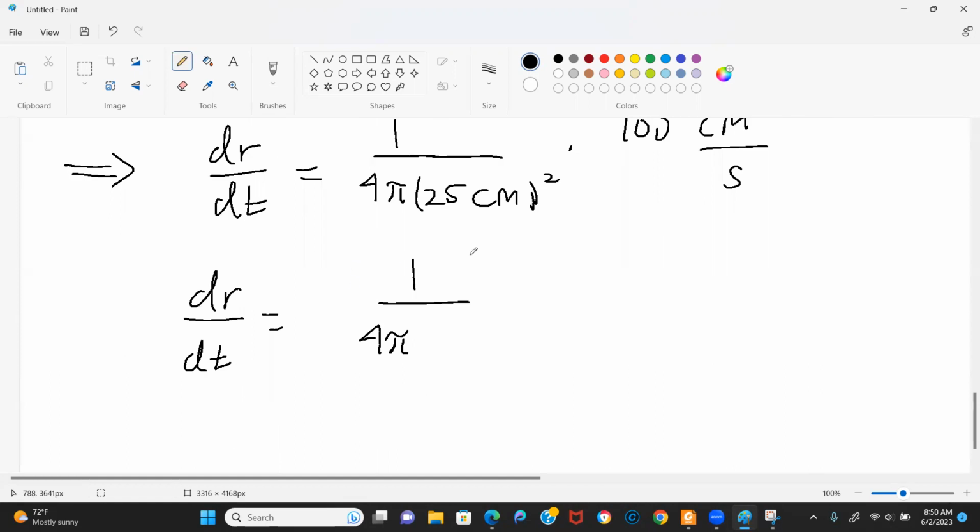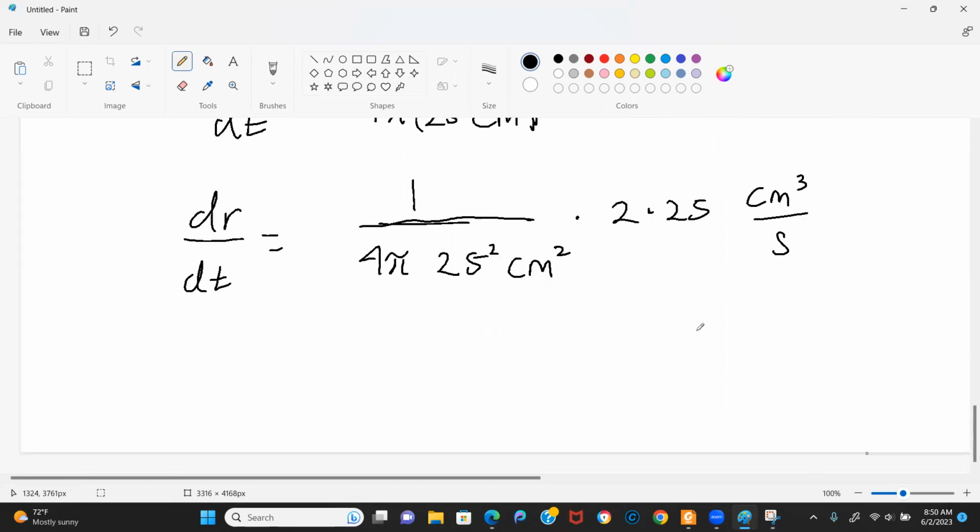So this will be 25 squared centimeters squared times, we'll just say, 2 times 25 cubic centimeters per cubic centimeters per second.